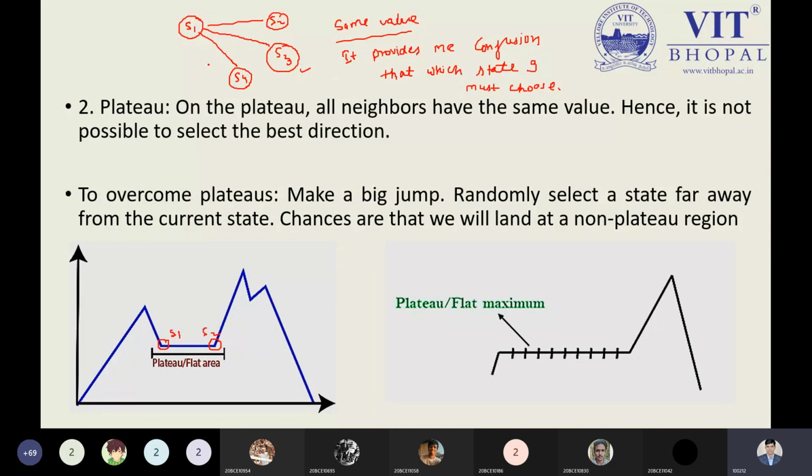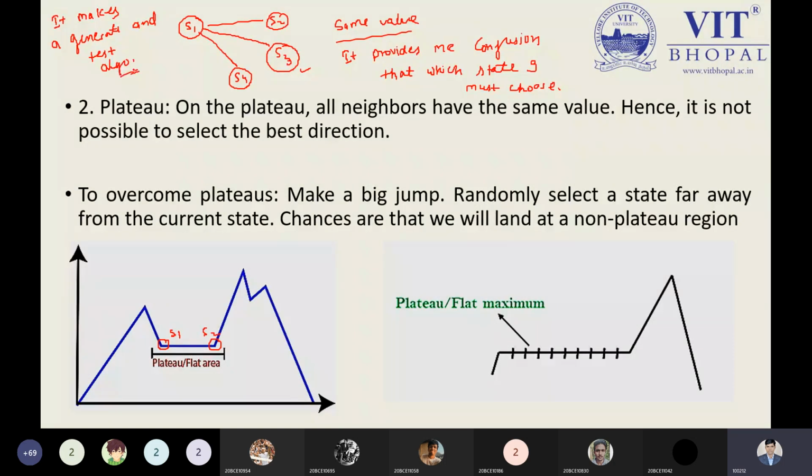If I'm choosing S2 or S3 or S4, whatever state you are choosing, that defines the generate and test algorithm. So that is a variant of the generate and test algorithm. The reason is clear because of this one. I can write over here for information purpose: it makes a generate and test algorithm.